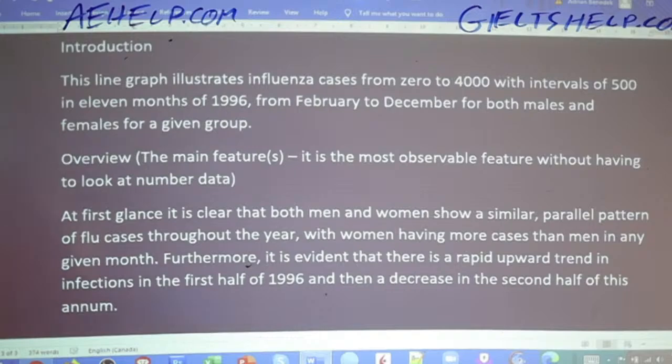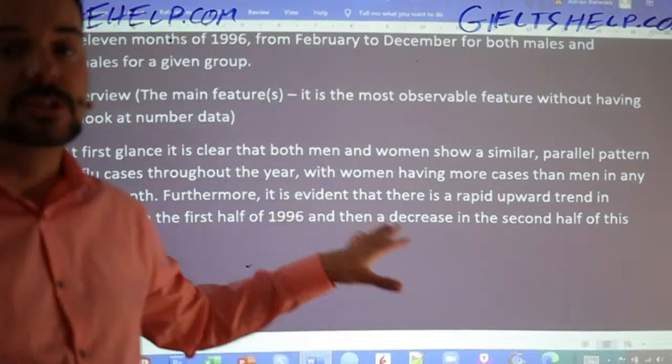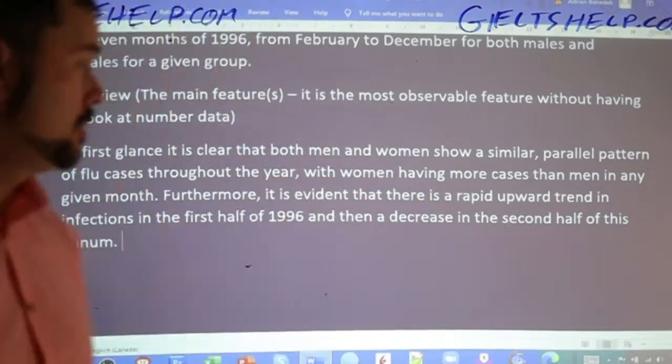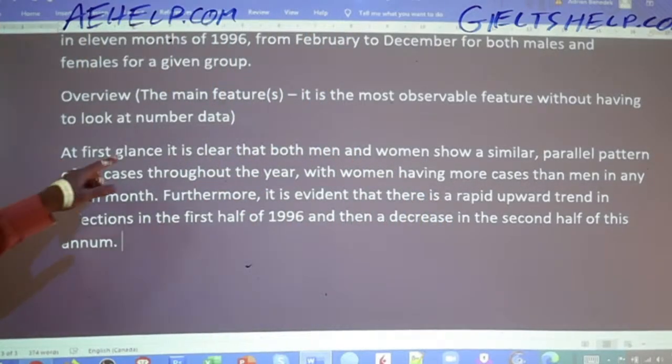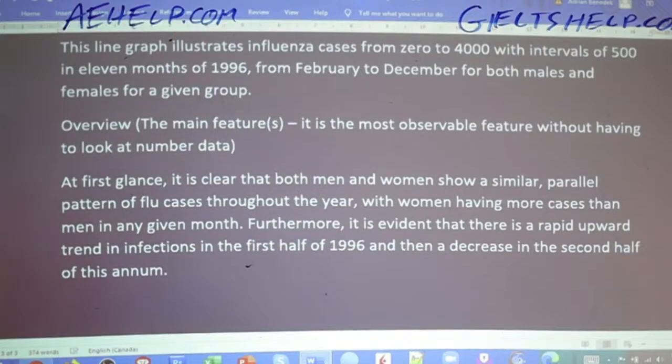Okay, so here, pick up this vocabulary, pick up this writing. This is what you want to do to get that Band 8, Band 9 score, okay? So at first glance, let's follow that with a comma, because that is an introductory statement, okay? So it's a leading expression.